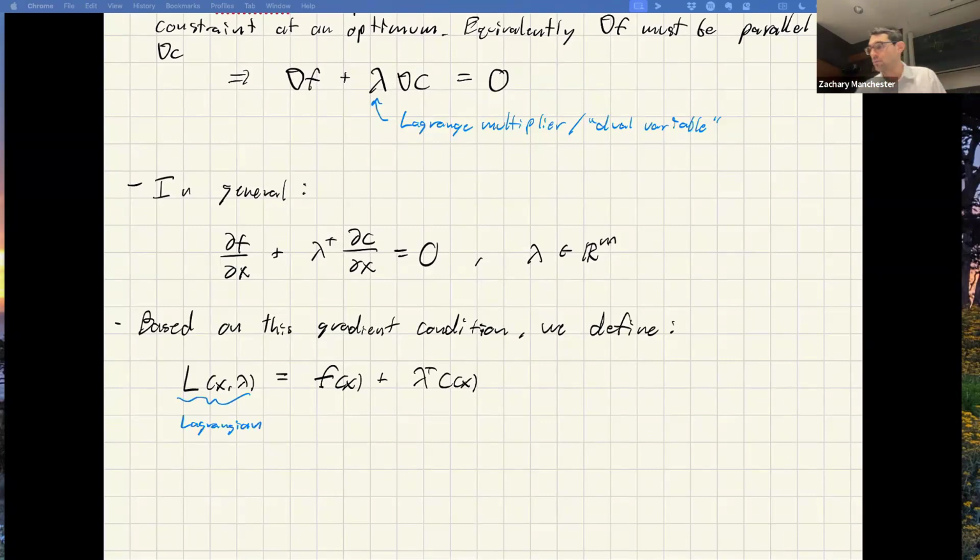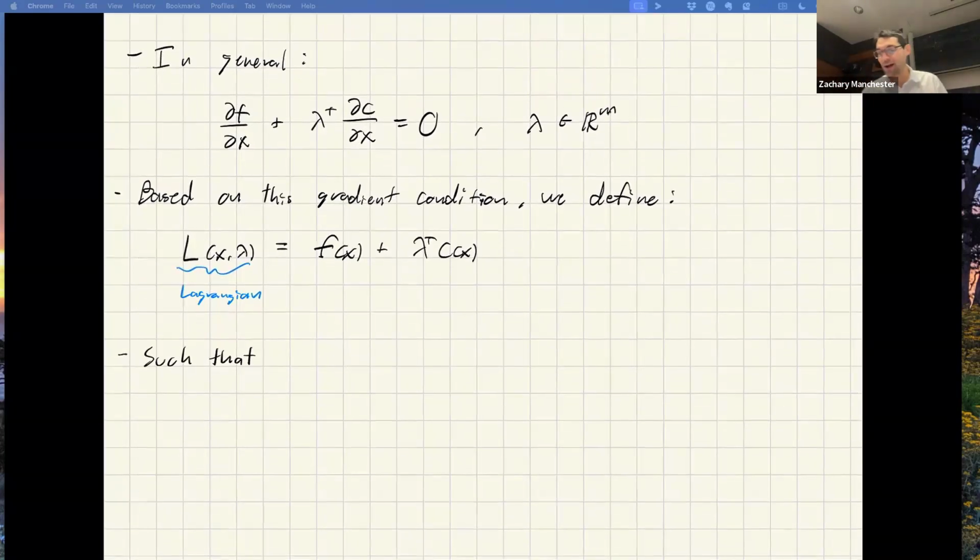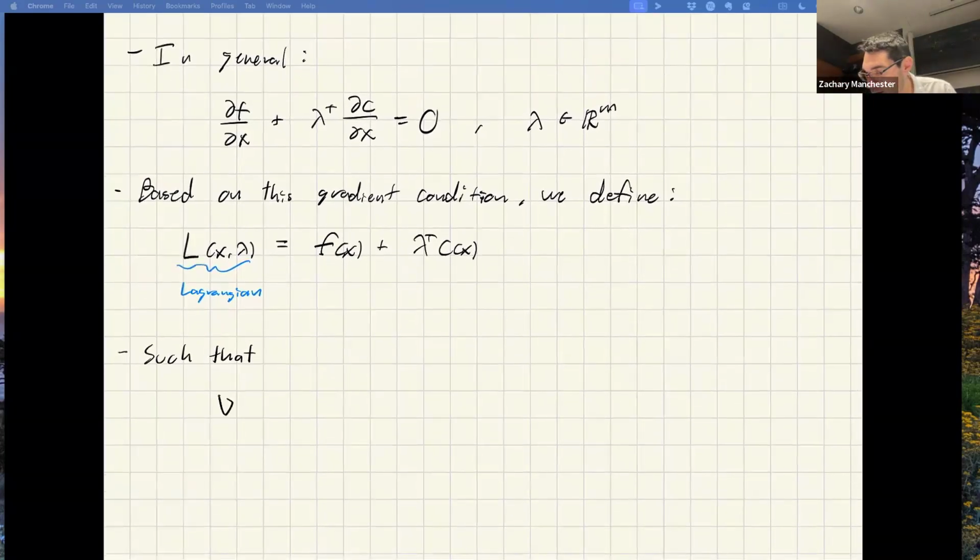And the whole reason that we do this is basically convenience. With this thing, we've remapped this into a nice, clean, single root finding problem. So now with this Lagrangian, grad x of this guy is our gradient condition that we just derived. So I can write it transpose this way.